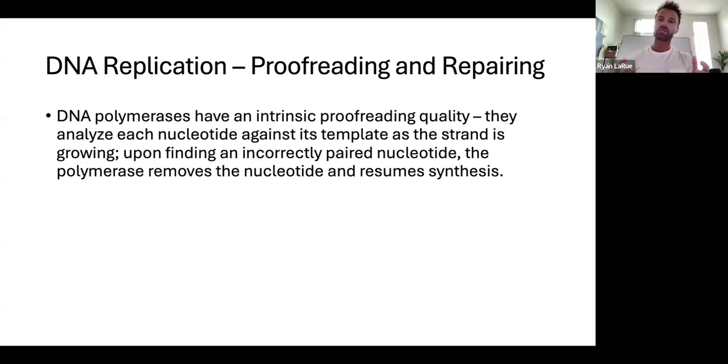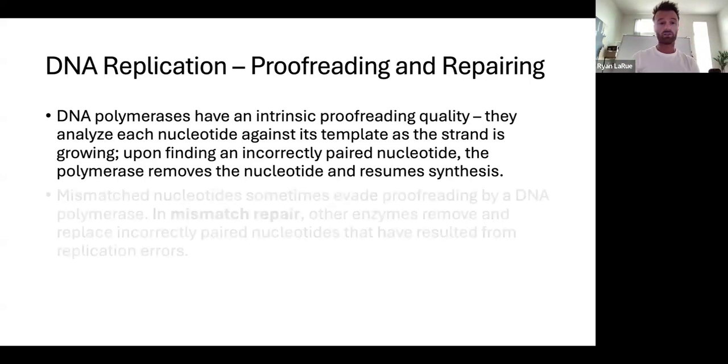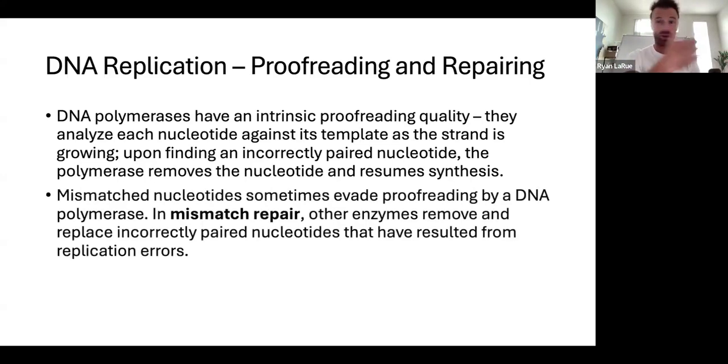So there's this intrinsic quality of proofreading that DNA polymerases have. But even that's not enough. And sometimes it still will keep going. And so we have backup plans on backup plans, right?